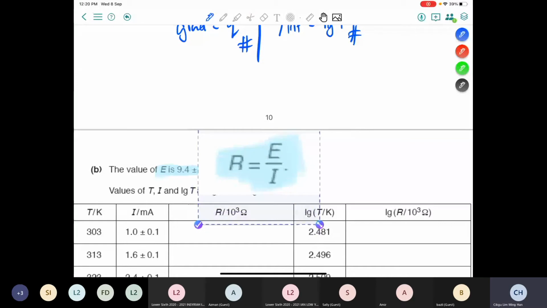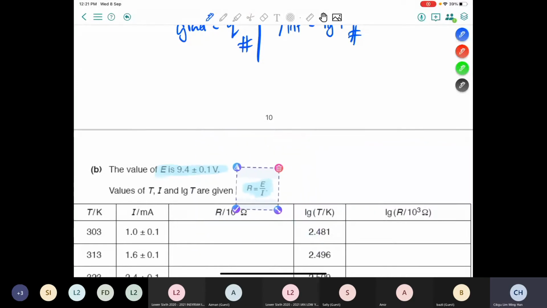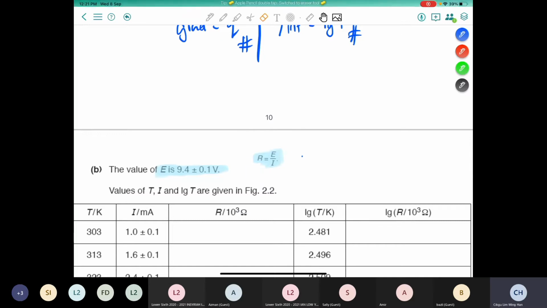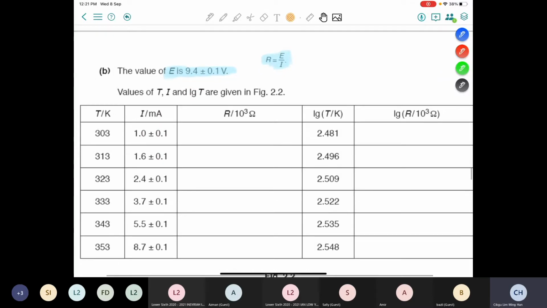So this is where you have your I. So how to find R? R is actually E over I, E over I. So can I have everybody take out your calculator now? Let's do some quick calculation of this variable here.